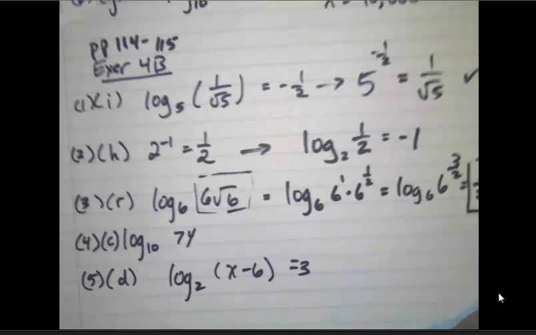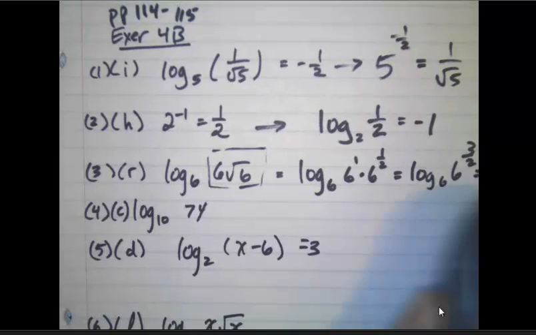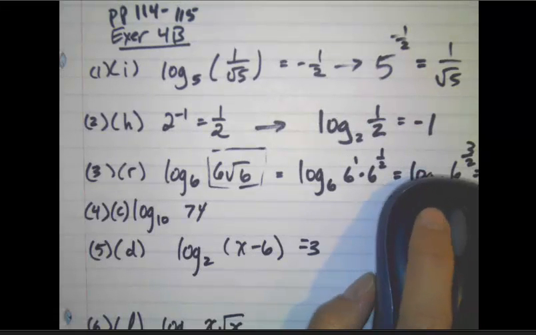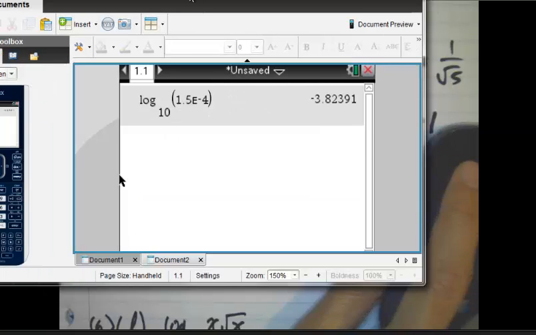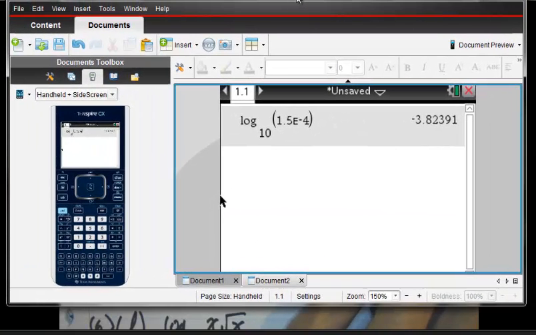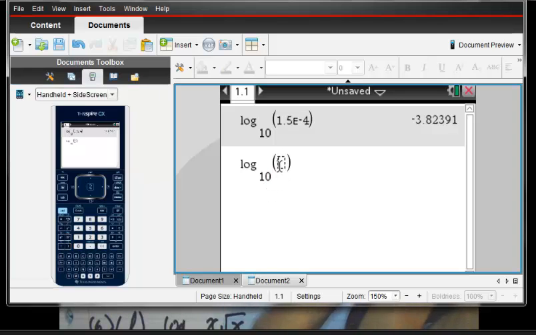All right. Number 4, we want to use your calculator to find. So we want to find the log base 10 of 74. So I'm going to go back to my calculator, and here you guys can see the whole screen here. So log is control 10 to the x, and this is going to be 10, and the number was 74.